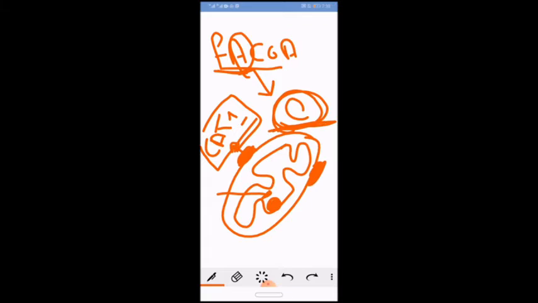Okay, now how to get inside? Don't worry, there is a translocase specially for carnitine. Whatever carnitine carries, even acyl, it can get in. Okay, it gets through this translocase.